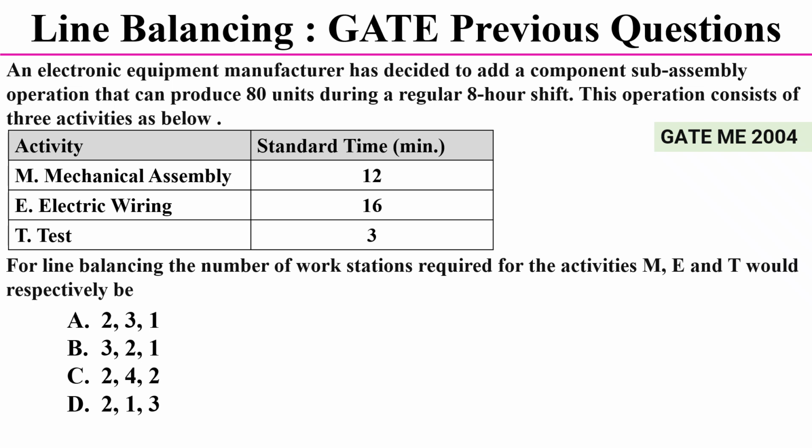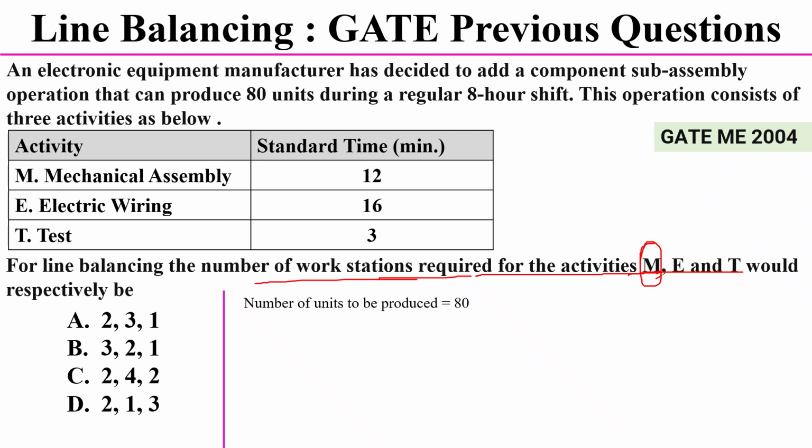So here I have to determine the number of workstations at respective activities M, E and T. So let's consider each activity is one workstation. So first I have to observe the given data. Here the given data is to produce 80 units.